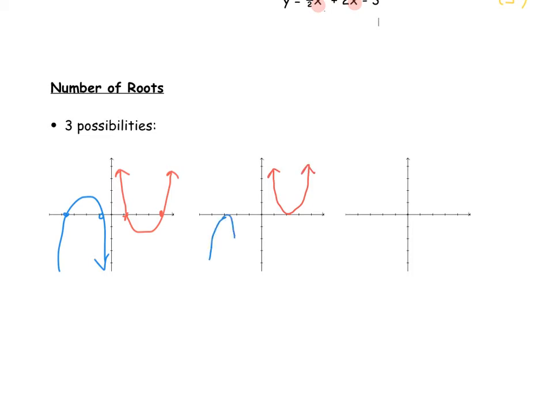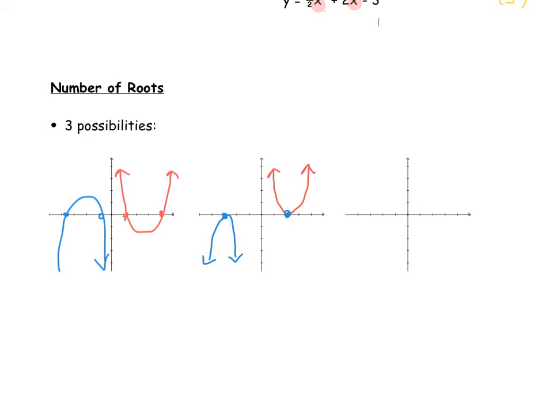So what would we say there? Would we say it has one root? Well, we would say that it actually has two identical roots. And you're going to see what that looks like when we look for our solution. So we would say it has two identical roots.